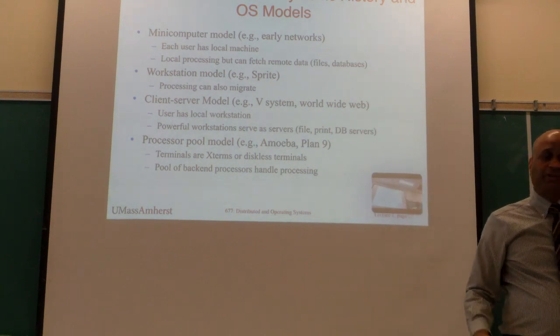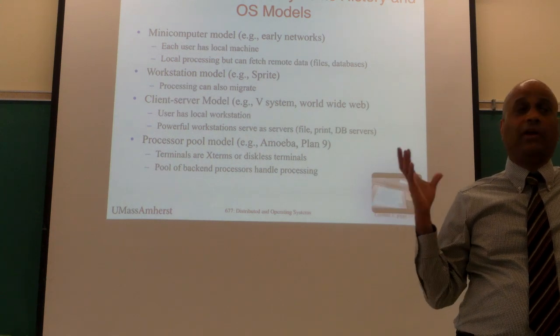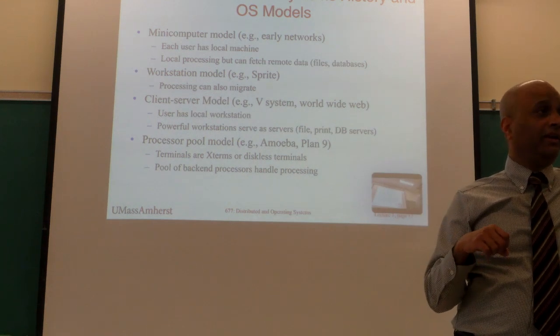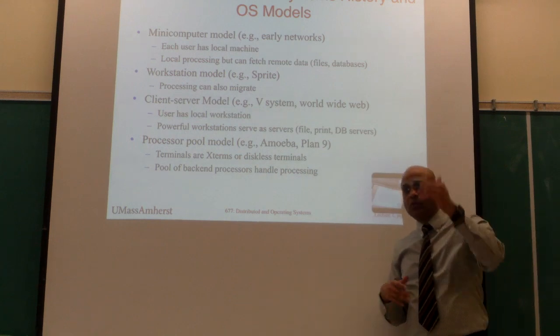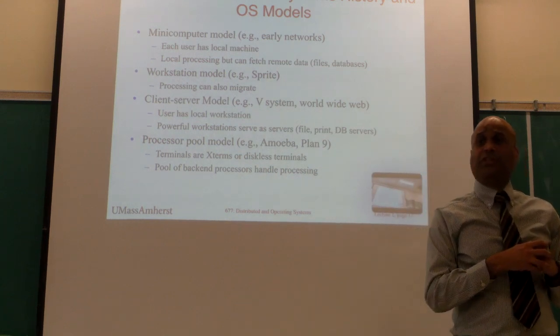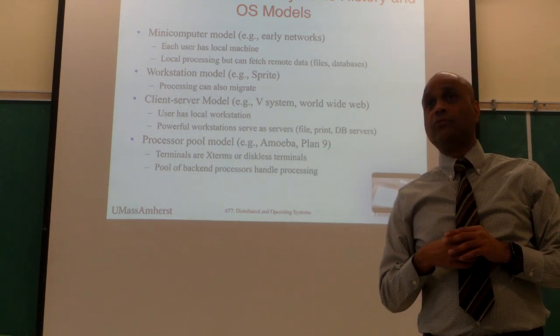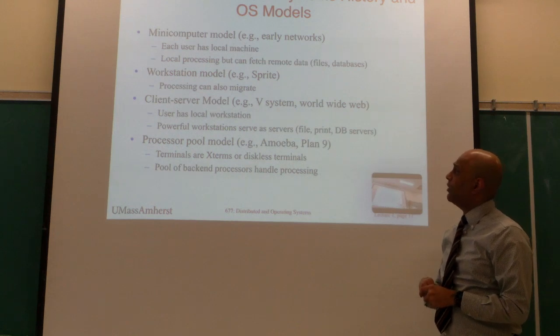Now as machines got more powerful, we went to a workstation model, where every user had a powerful desktop on a local area network. So you could work on your machine, access resources on another machine, send jobs to another machine, and so on. That's an evolution from a mini computer to a workstation model.